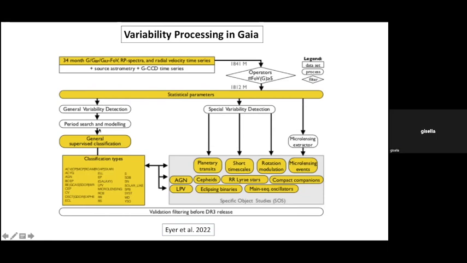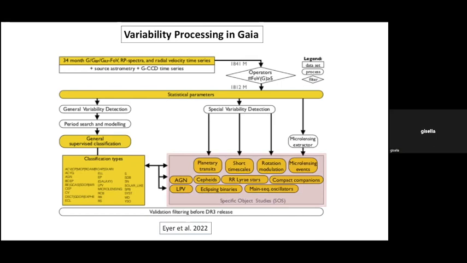All these different detection methods classify the sources, giving a probability that the source is a certain type of source, and then the different types are fed into the so-called specific object studies pipelines, each of which is specifically tailored for a certain type.